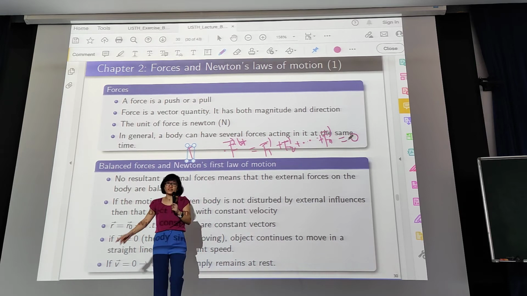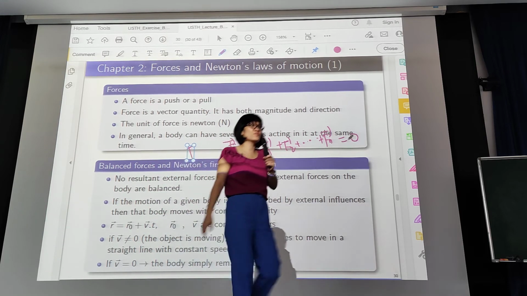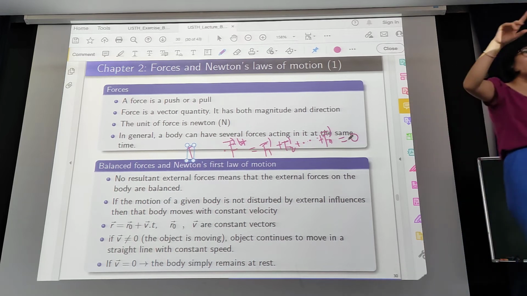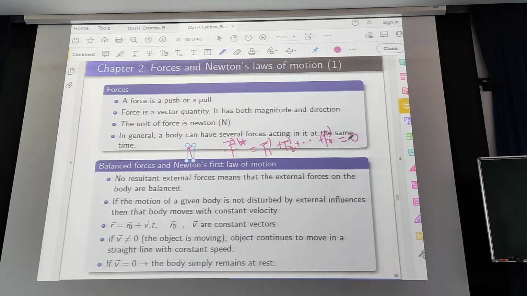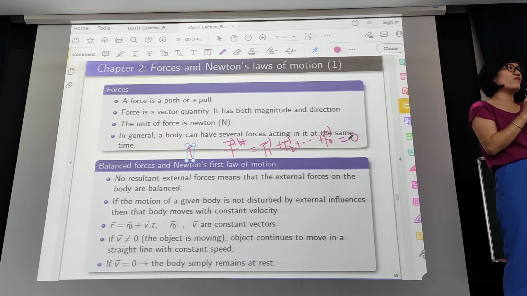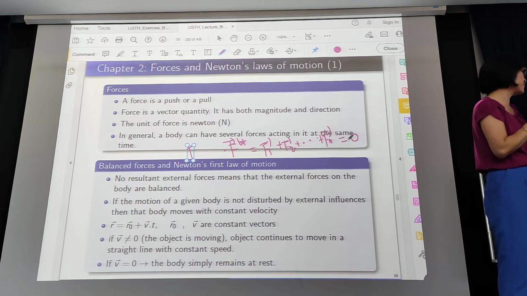This is in vector form, because we are considering the general case, motion in 3 dimensions. If v is not 0, the object continues to move in a straight line with a constant speed. And if v is 0, it will be at rest forever. This is the case of balanced force, and that is the content of the first law of Newton.